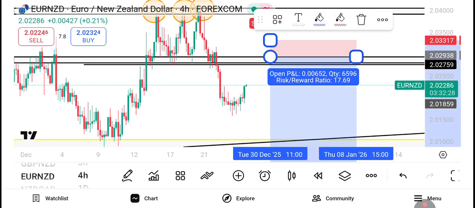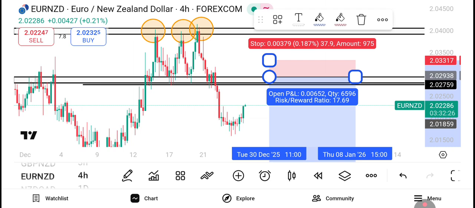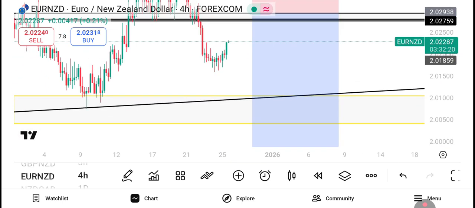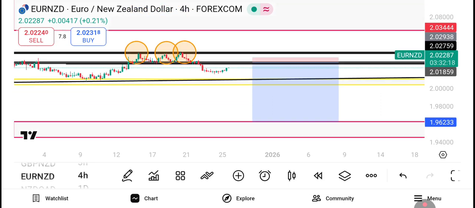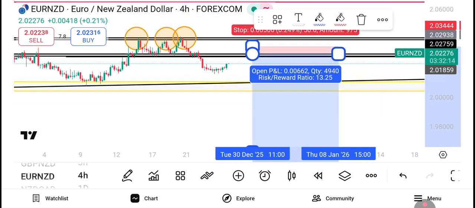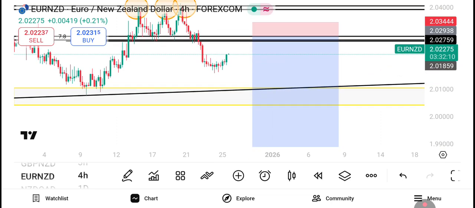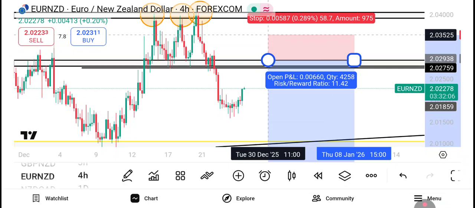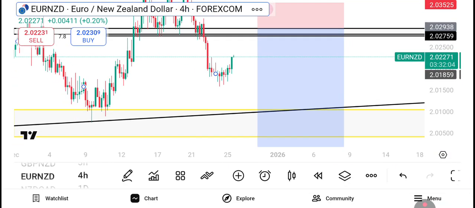Yeah, I'll be risking 50 pips to gain 670 pips. That's a 1 to 13 ratio. That's a good investment. Sorry, I should adjust my SL.